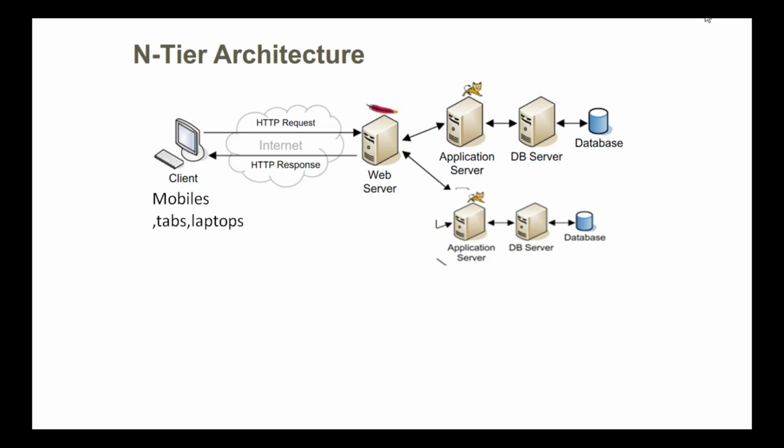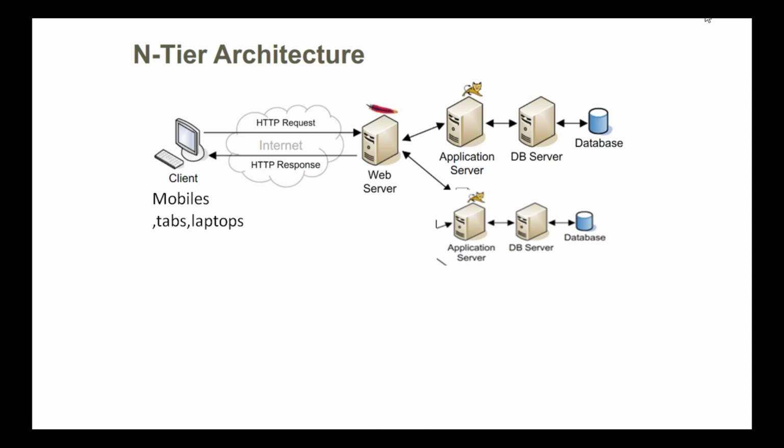If the business logic is distributed among several application servers, then the web server should interact with so many application servers. In turn, those application servers contact many database servers if the databases are distributed among several servers.